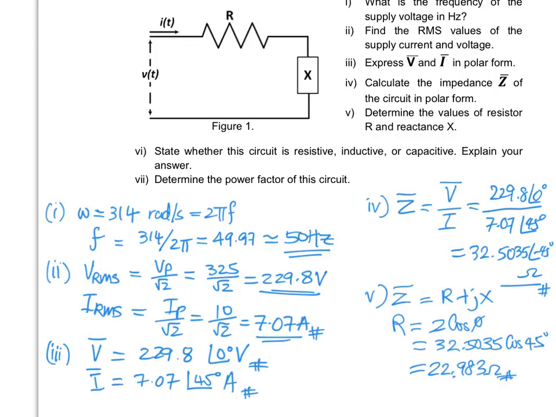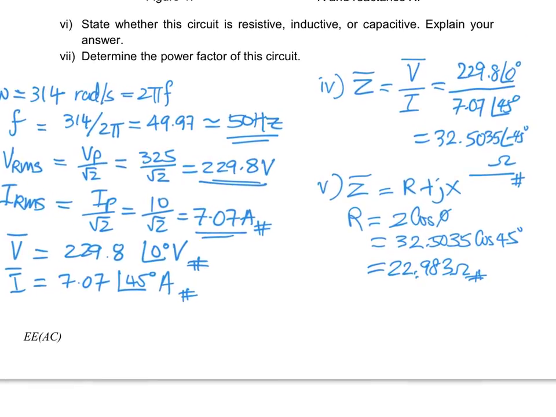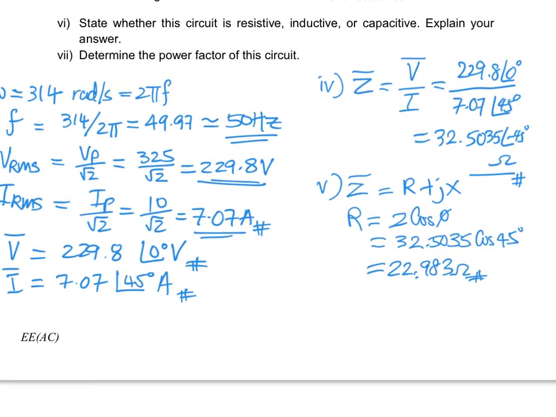Okay, so that is the first component. I can continue to calculate the X. Now X is given as Z, the magnitude, sine theta, the angle. So that's 32.5035 sine of 45 degrees. That will give me an X value of 22.983 ohms.